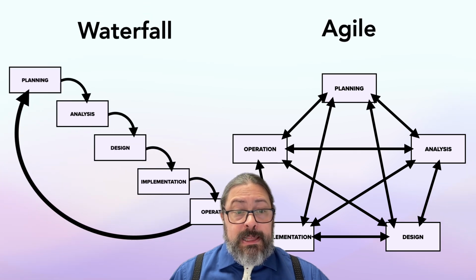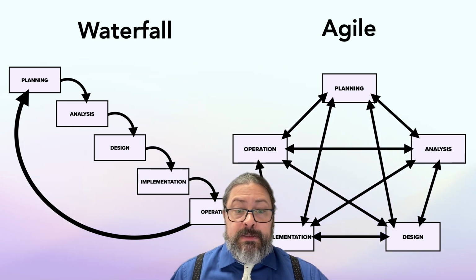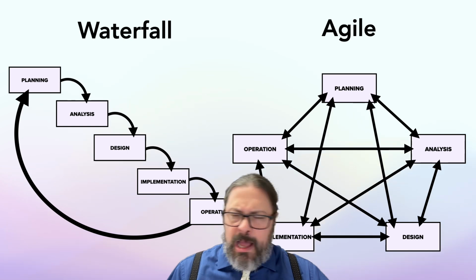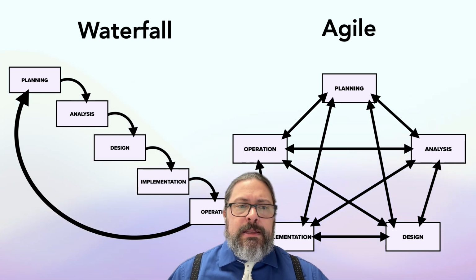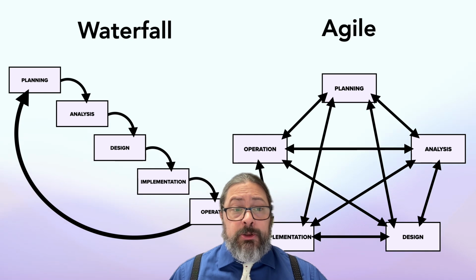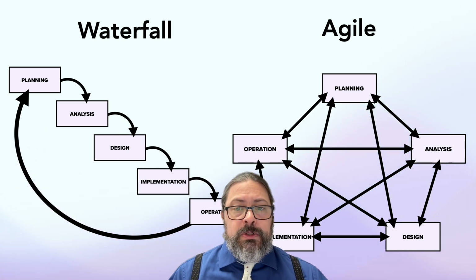So I want you to think of waterfall and agile as really different philosophical approaches to the system development lifecycle. In practice, the lines aren't necessarily so clear. But in this video, I really just wanted to get across to you the distinctions between a system development lifecycle which follows more of a waterfall approach, versus one that follows more of an agile approach.